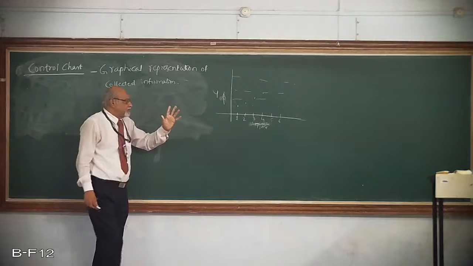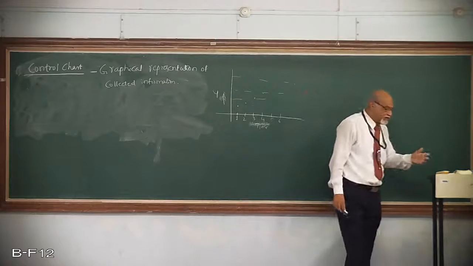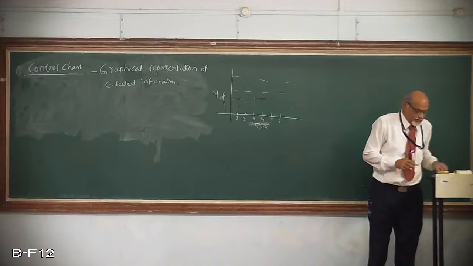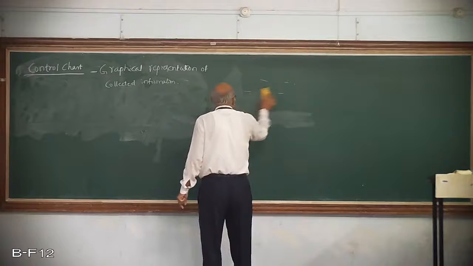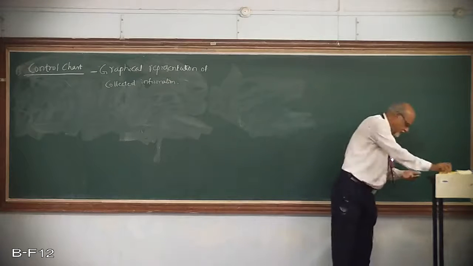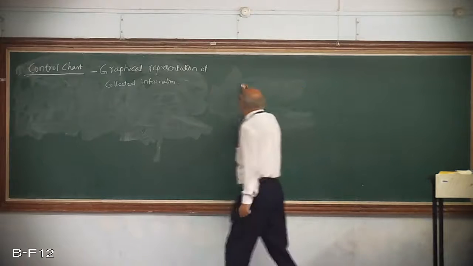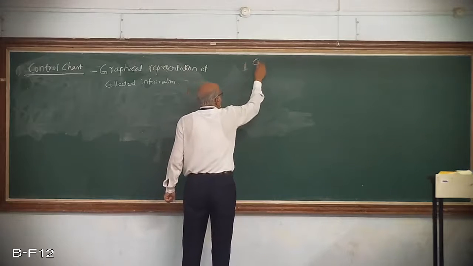Then what are the different types of control charts for variables? Because in both the cases, we are going to represent it. Okay? So, what are the different types of control charts for variables? Okay? There are three. One is, this is control charts for variables.